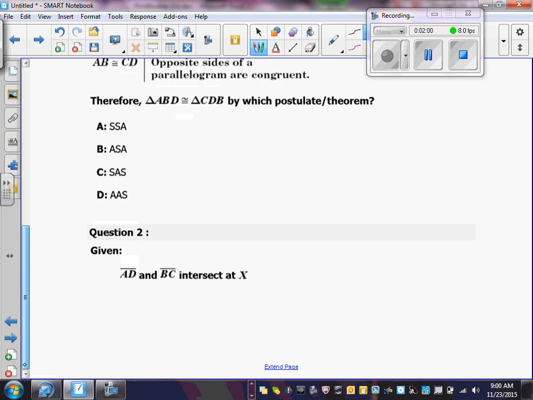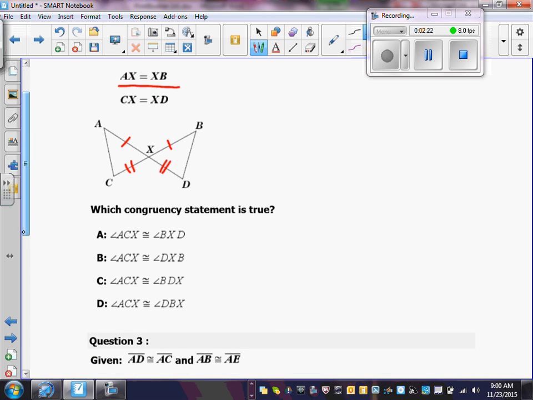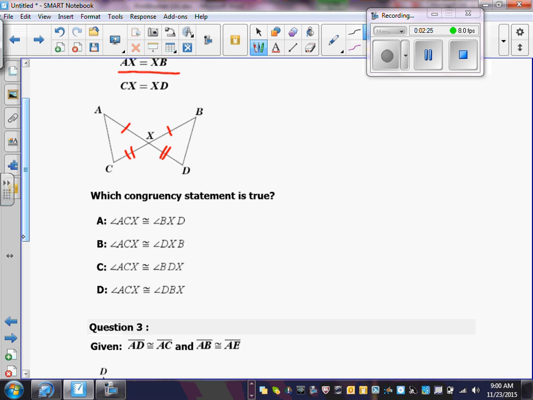All right. Number 2 starts here, says AB and BC bisect at X. So it also tells you here, AX is congruent to XB and CX is congruent to XD. Then it asks which congruency statement is true. So you have to look at the choices they gave you. In this case, they're talking about an angle.